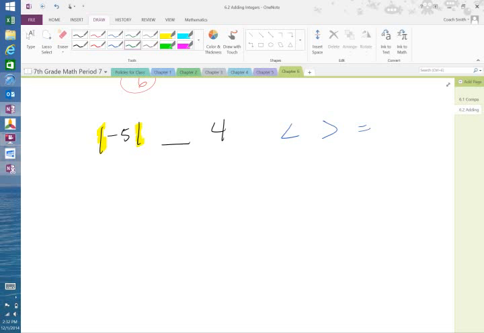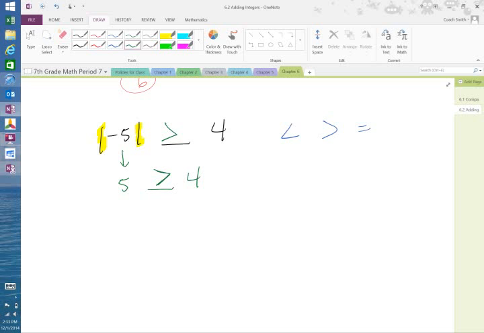What is the absolute value of negative 5? 5. So what they're really asking is, which is greater, the absolute value of negative 5 or just 4? Well, that's greater. So that's why it would be greater, because the absolute value of negative 5 is going to be greater than just 4, just by their values.